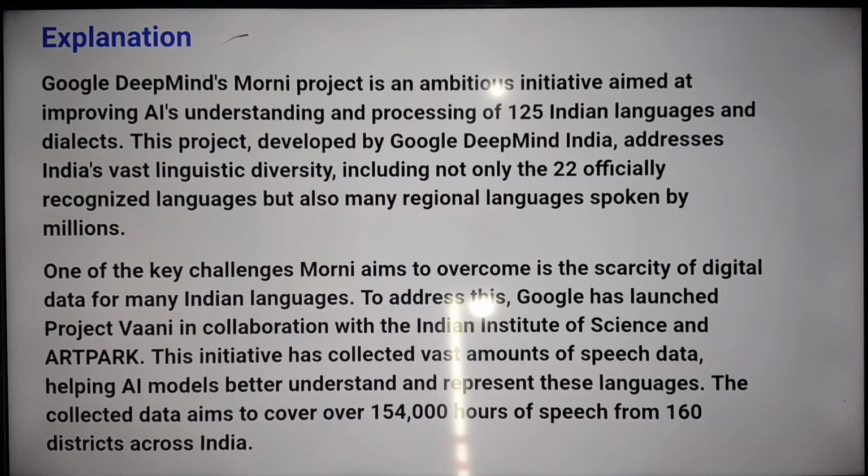One of the key challenges Morni aims to overcome is the scarcity of digital data for many Indian languages. To address this, Google has launched Project Vaani in collaboration with the Indian Institute of Science and ARTPARK. This initiative has collected vast amounts of speech data, helping AI models better understand and represent these languages. The collected data aims to cover over 1,54,000 hours of speech from 160 districts across India.